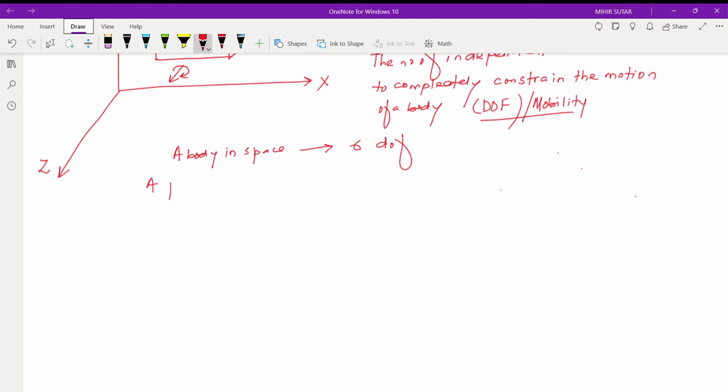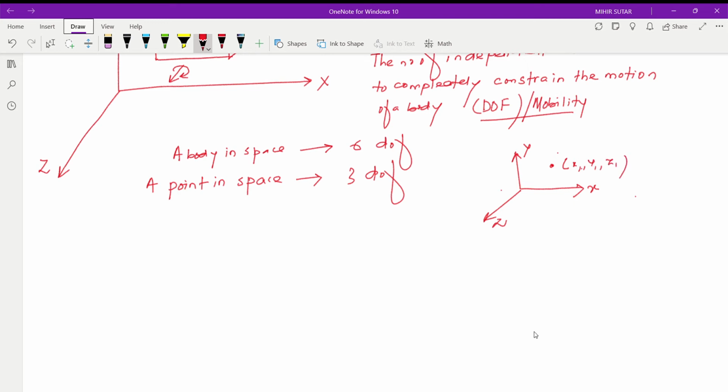If we say a point in space, then it will have 3 degrees of freedom, because let's say in x, y, and z coordinates, we have a point somewhere at x1, y1, and z1 coordinate.